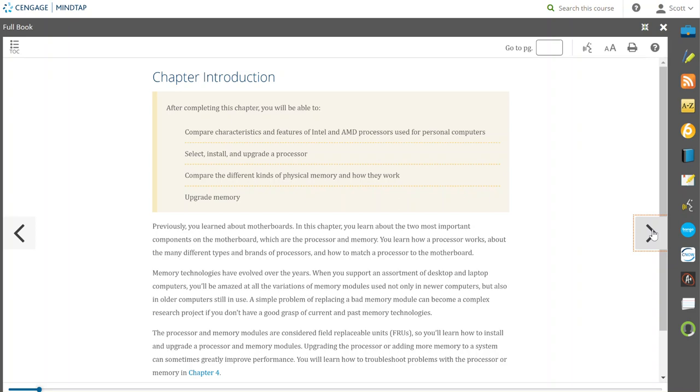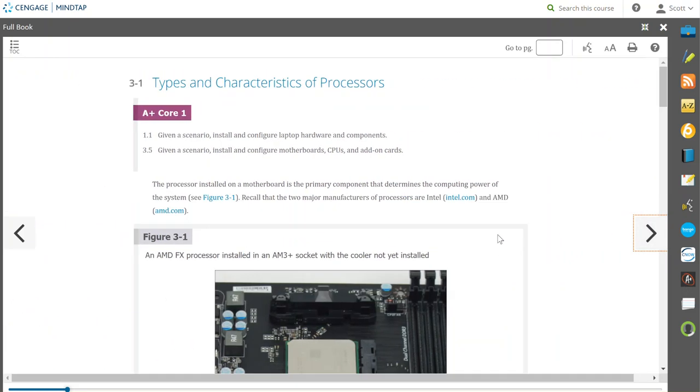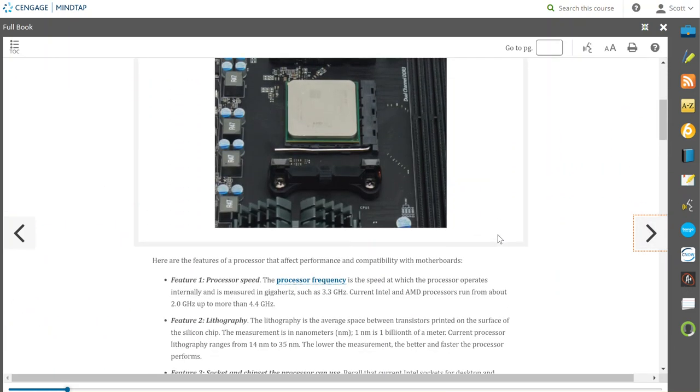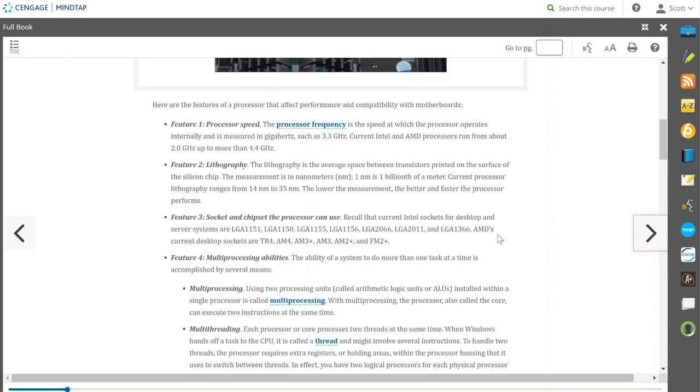I can have one person doing more than one task at a time. Those examples will fall into place when I talk about the different characteristics of processors. Okay, so let's go look at the different characteristics of a processor.